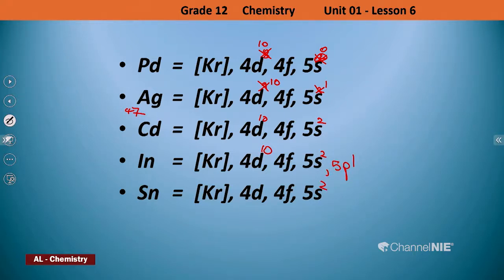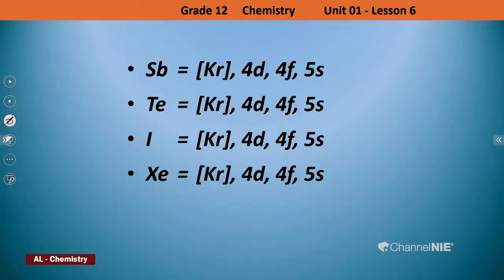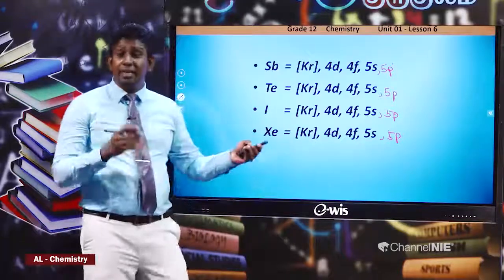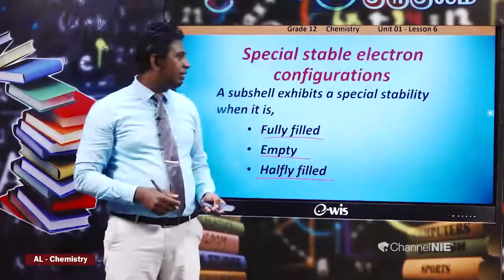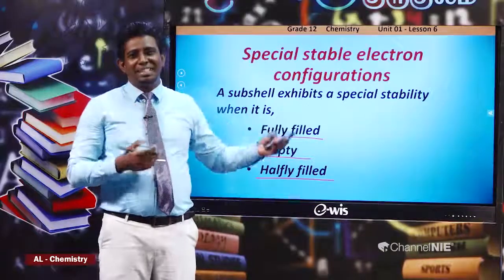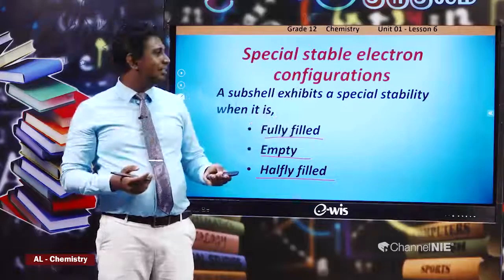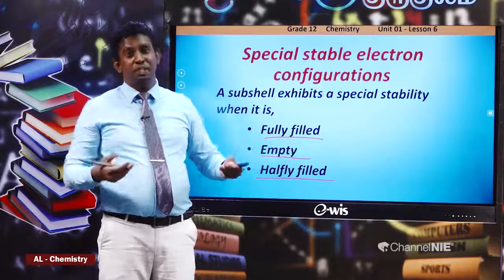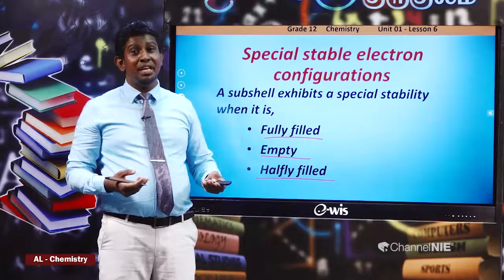So 5s2 4d10, 5p2. For the others also, 5p would be filled. So you could fill all the elements now with electrons in their subshells, following that logic, those patterns, Aufbau's principle and special stable rearrangements.